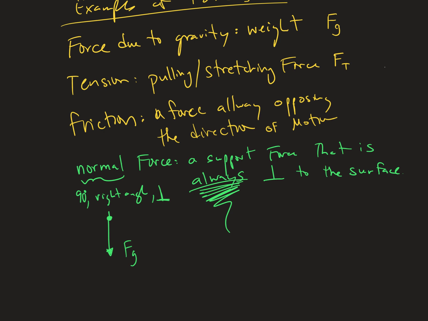What if I did this? Now what direction is it? It's not straight up anymore, but it's still perpendicular to the table. Are you with me? That's a good test question. What is a normal force? Great test question. Okay, so if I were you, I would write that down and star it, circle it, highlight it, whatever you got to do, right?